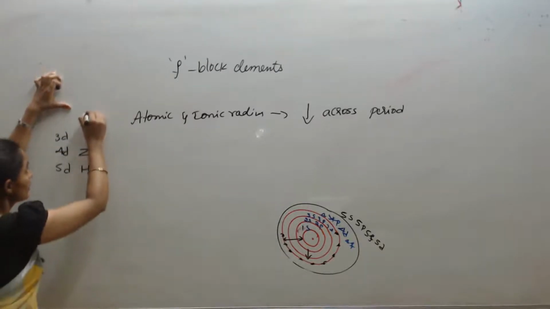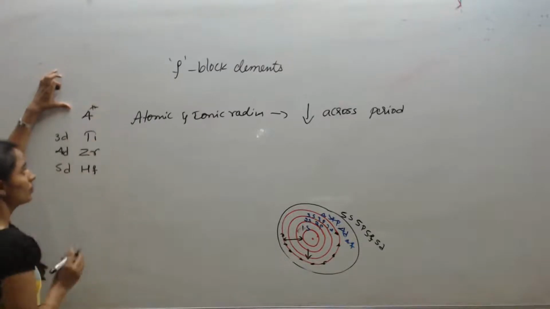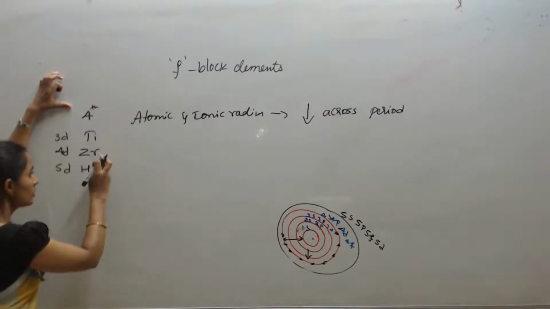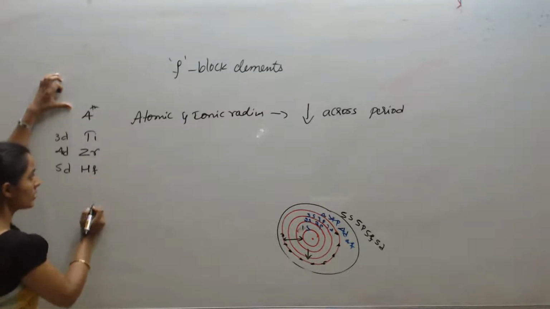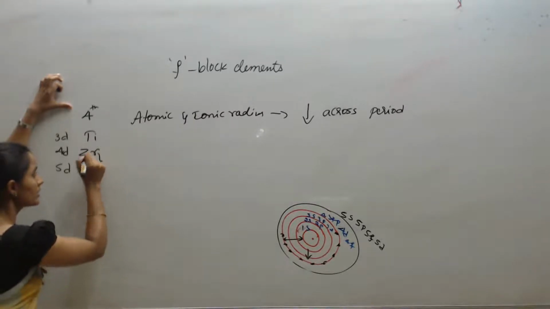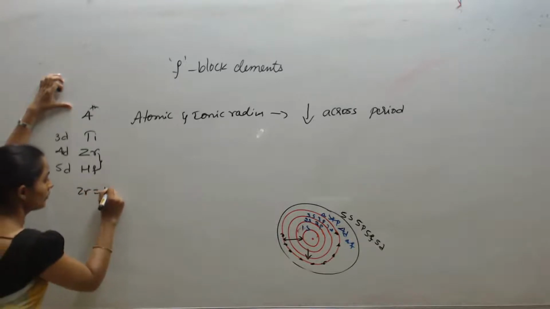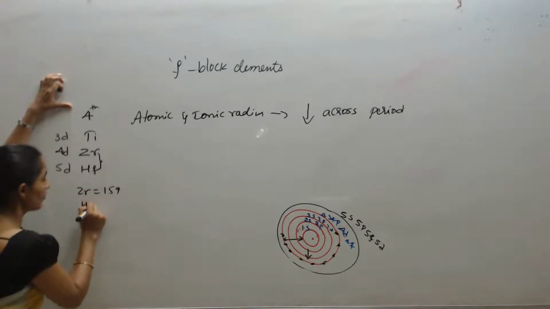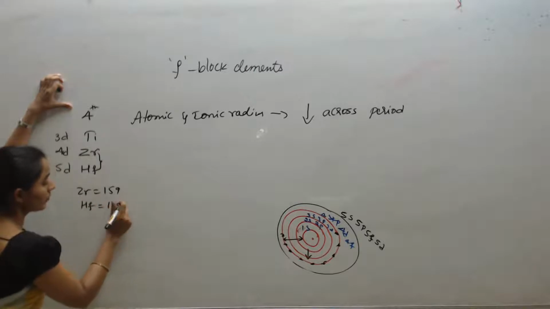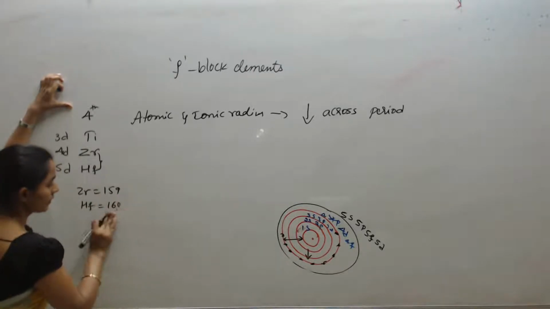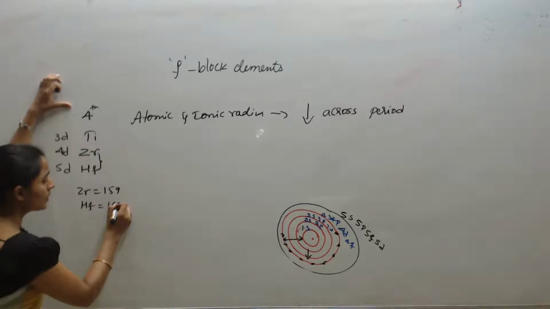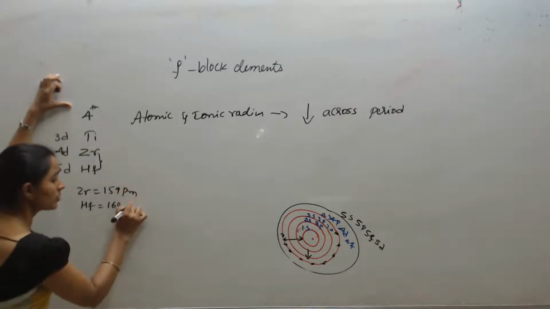This is group number 4, the fourth group. The question is, why is the radius of zirconium and osmium the same? The atomic radius of zirconium is 159, the atomic radius of osmium is 160. They are not that much different because this is in picometers, students.